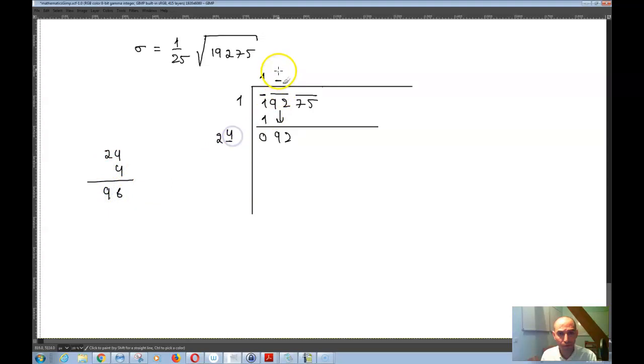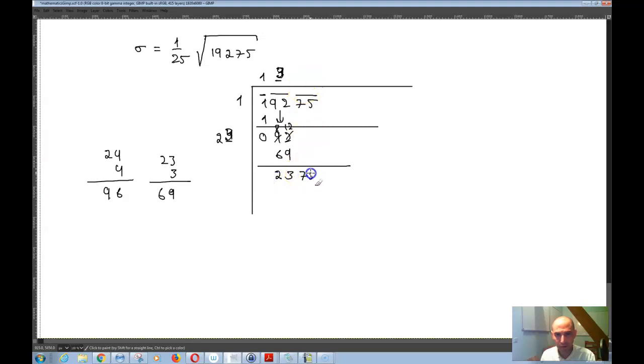So 4 and 4 would be, no, that doesn't go. So 23 times 3 is equal to 969. So that's a 3, and that is a 3. So that's 69. So 92 minus 69 is equal to 23.